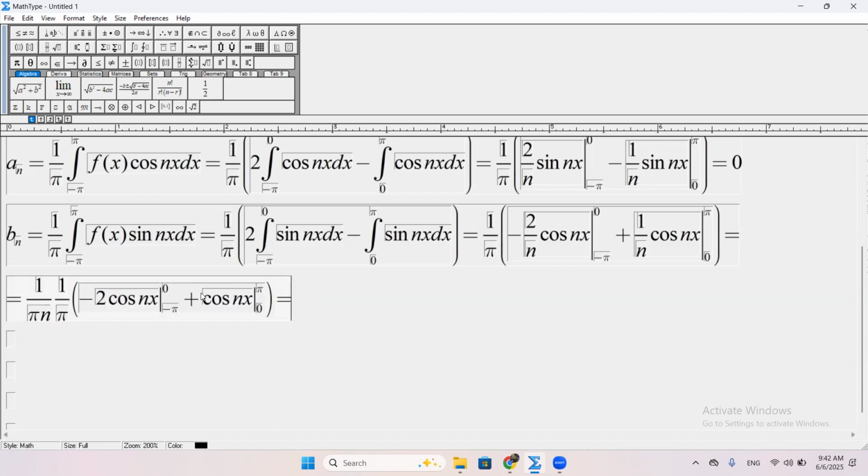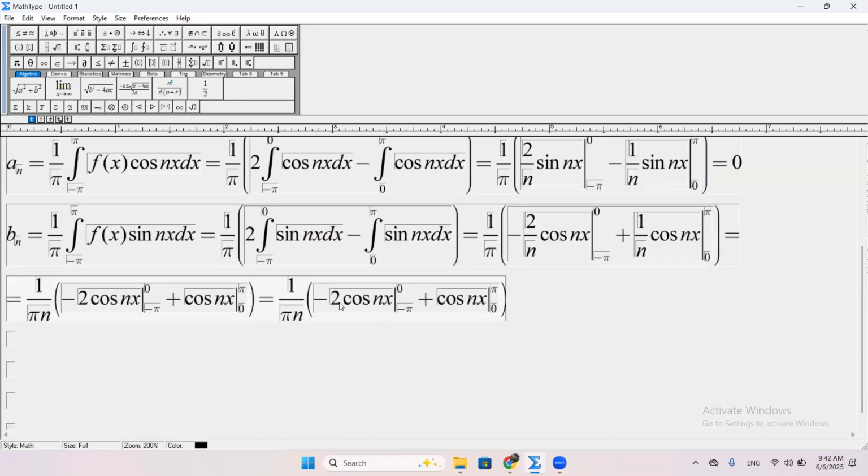So minus, minus 2, plus cosine of pn. So this expression will go away, plus 1, and plus cosine of pn and minus 1.